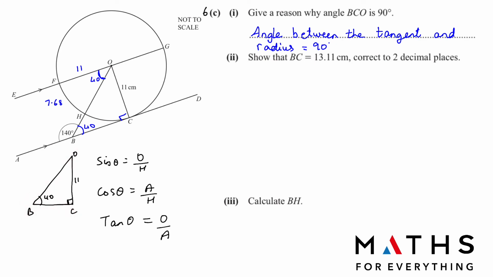Adjacent means next to. So now we want to find BC. BC is next to the angle 40. So that is adjacent. Do we have the hypotenuse? We don't. We got the adjacent is BC. Then we got opposite. Opposite is 11 centimeters.